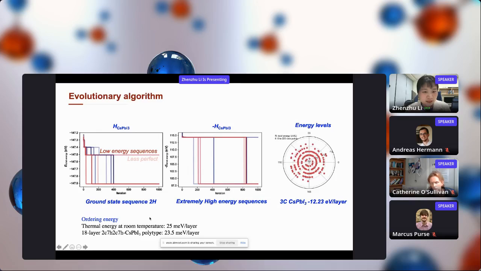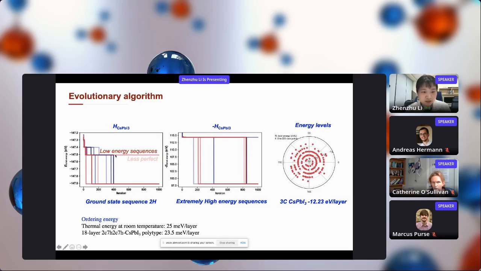For cesium lead iodide, we find that the ground state sequence is always the 2H phase, which is consistent with our DFT calculated results. Except for the ground state sequence, we also care about the low energy sequences, which are also experimentally accessible and are highly detectable in the experimental samples.